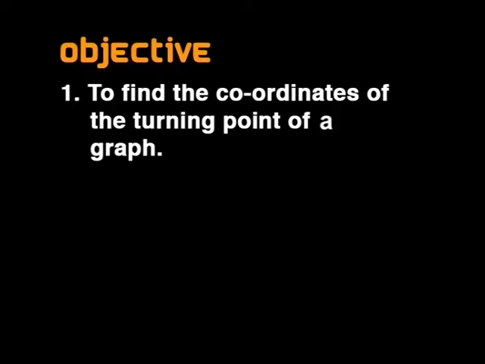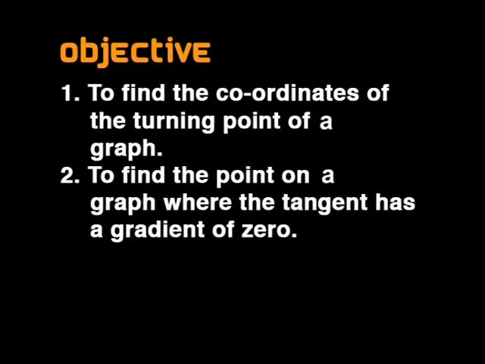I'm not going to remind you of everything that we have done in the previous lessons now, but I do want to remind you of a more general description of our mathematical problem. Our first objective was to find the coordinates of the turning point of a graph. We realized that we will know that when we know where the gradient of the tangent to this graph is 0.